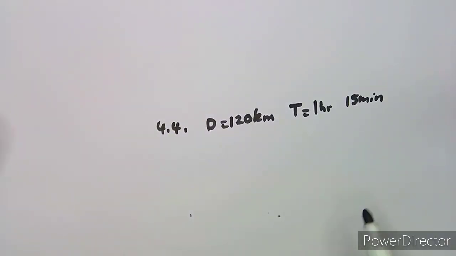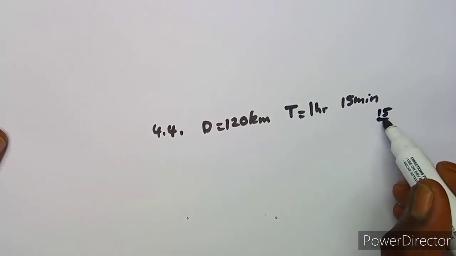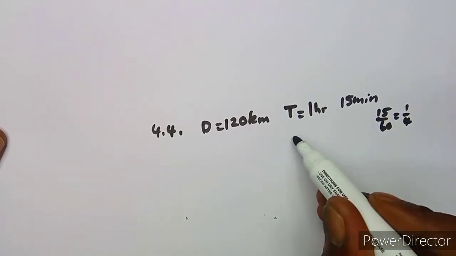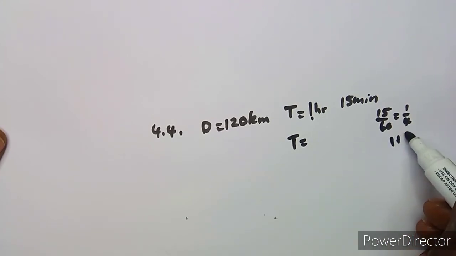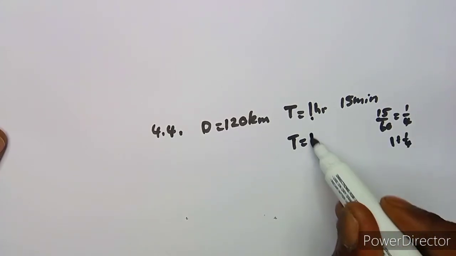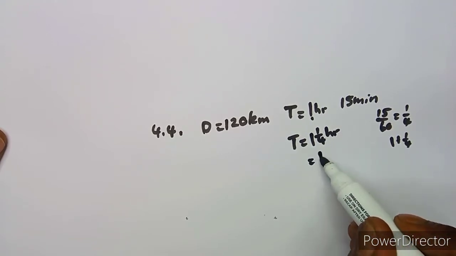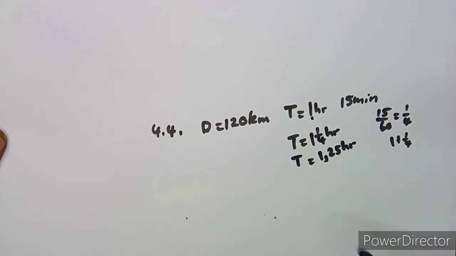So 15 minutes in hours, remember we have to divide by 60, so it's 15 over 60, which gives us 1 over 4. So our time is 1 plus 1 over 4, which is 1 and 1 over 4 hours. Or you can write it as a decimal, 1,25 hours. So this is our time.